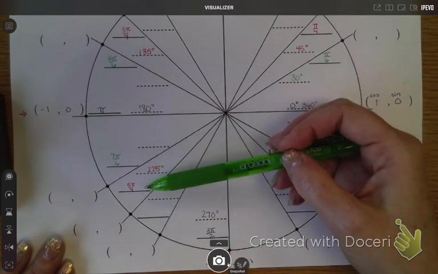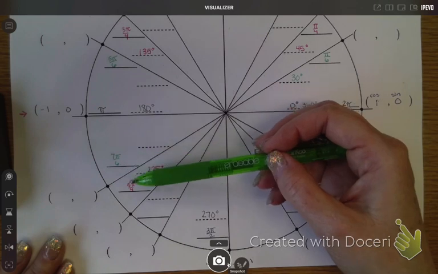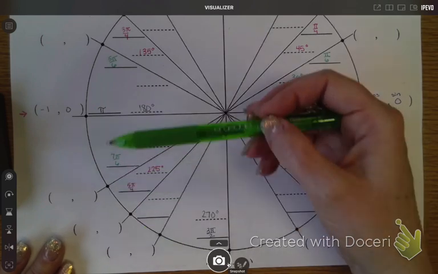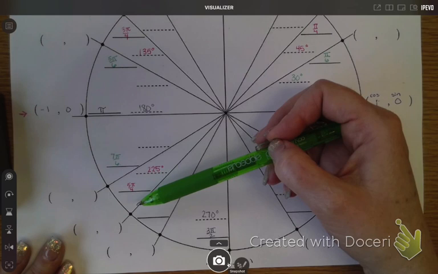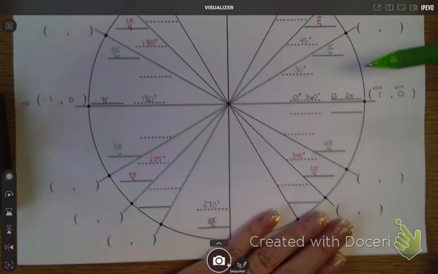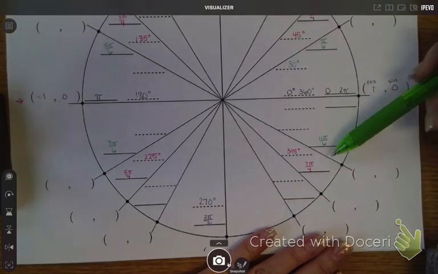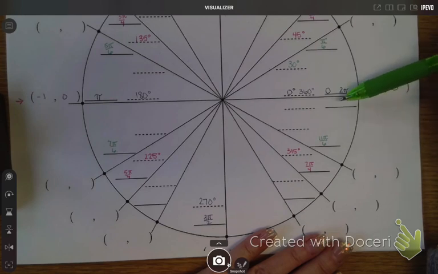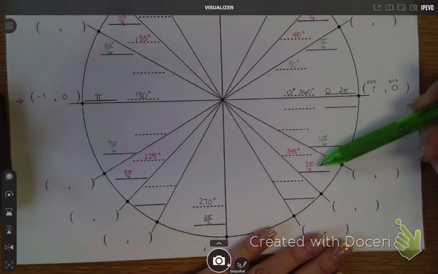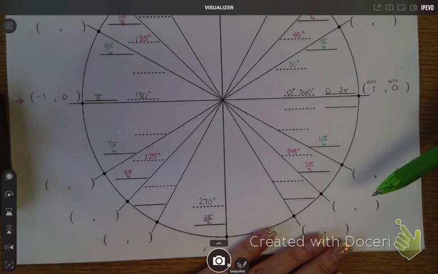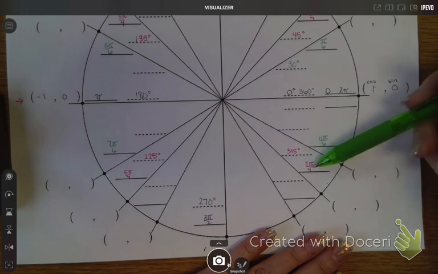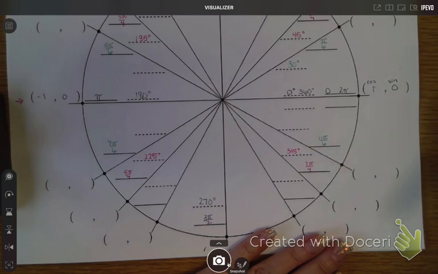It's 7 pi over 6, 1 more than a whole, correct? In the fourth quadrant, it's 1 less than what? I have 11 pi over 6. It's 1 less than 2, because we have 2 pi.